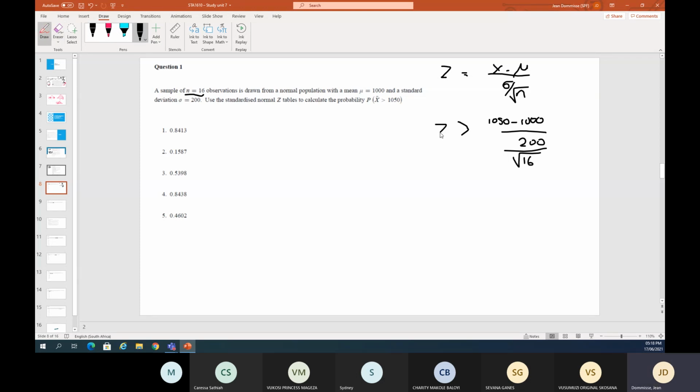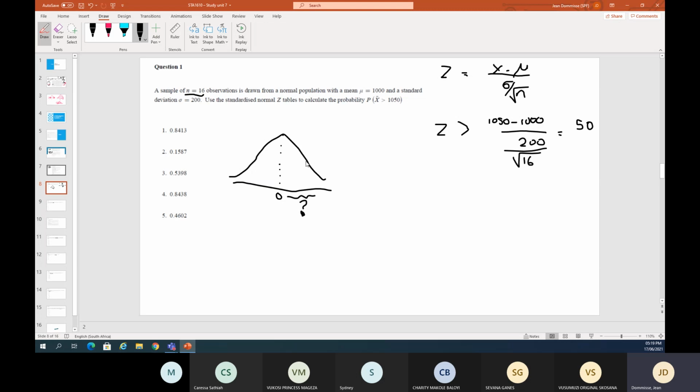Okay, so even before I work out anything else, I know the top is going to be 50. That can't be negative. So my answer, if that is 0, my Z is going to lie somewhere in this area, even though I don't know what it is yet.